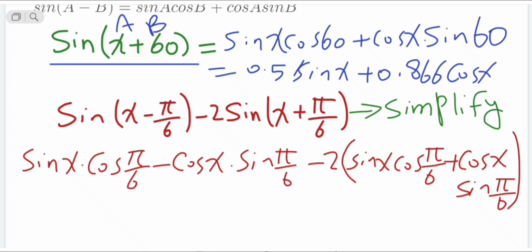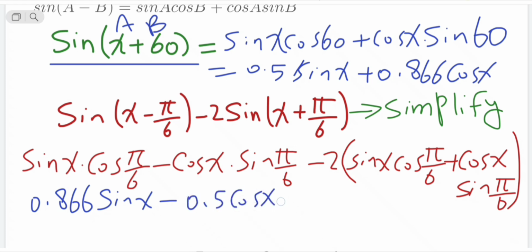Cos pi over 6 is 0.866, and sin pi over 6 is 0.5. So we have 0.866 sin x minus 0.5 cos x, minus 2 bracket, cos pi over 6, which we just found, 0.866 sin x plus sin pi over 6, 0.5 cos x.